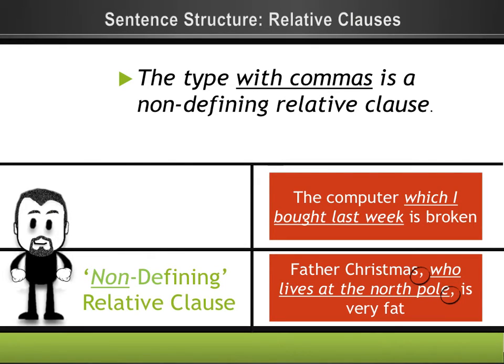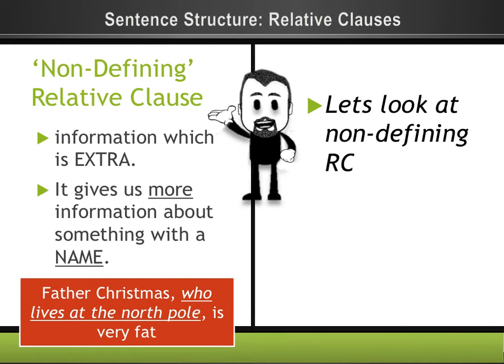It is very easy to tell between non-defining and defining relative clauses, and I'll explain how you can do that in the next bit. Okay, so let's concentrate on non-defining relative clauses first. Non-defining relative clauses, remember, have commas, and they give information which is extra. Not a definition, but just extra. Now the important word on this page that you need to pay attention to is this word.